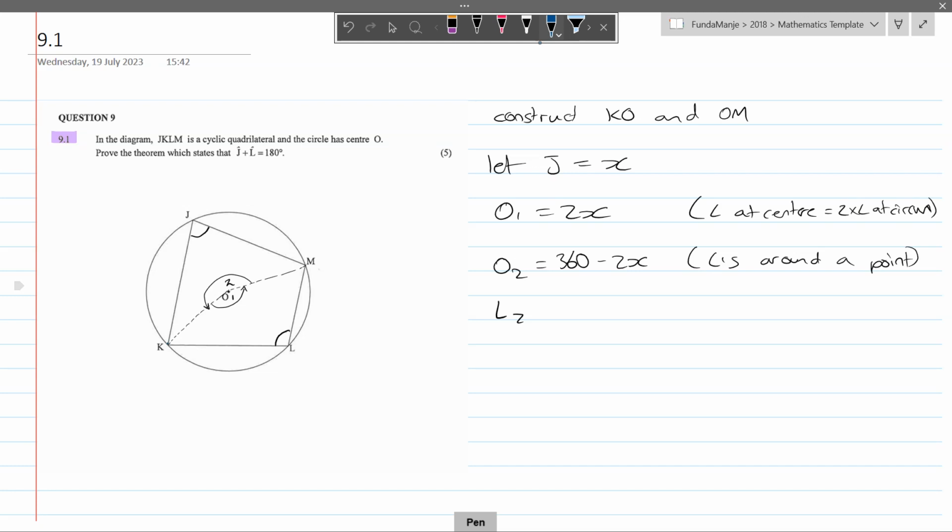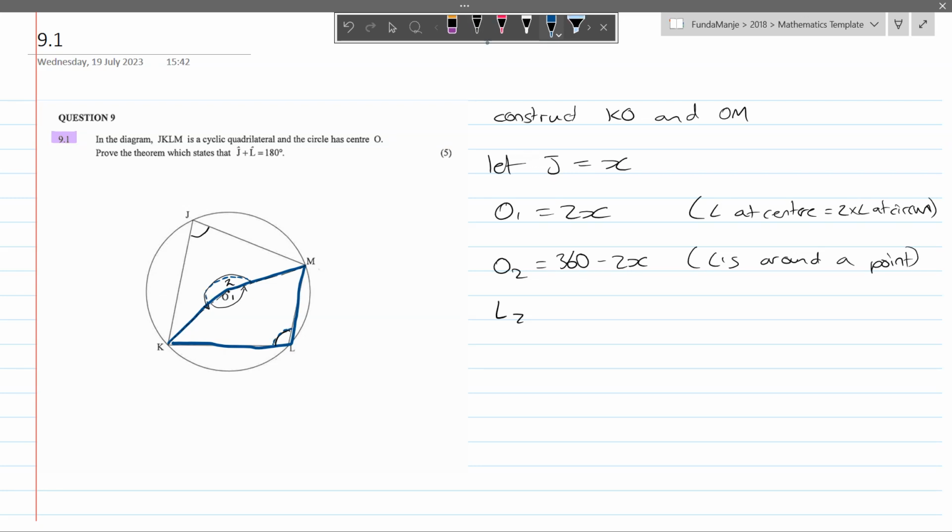But just because the shape is a bit more awkward than the one that we are used to, we tend to overlook this. So this is still the angle at the center for this angle over here.